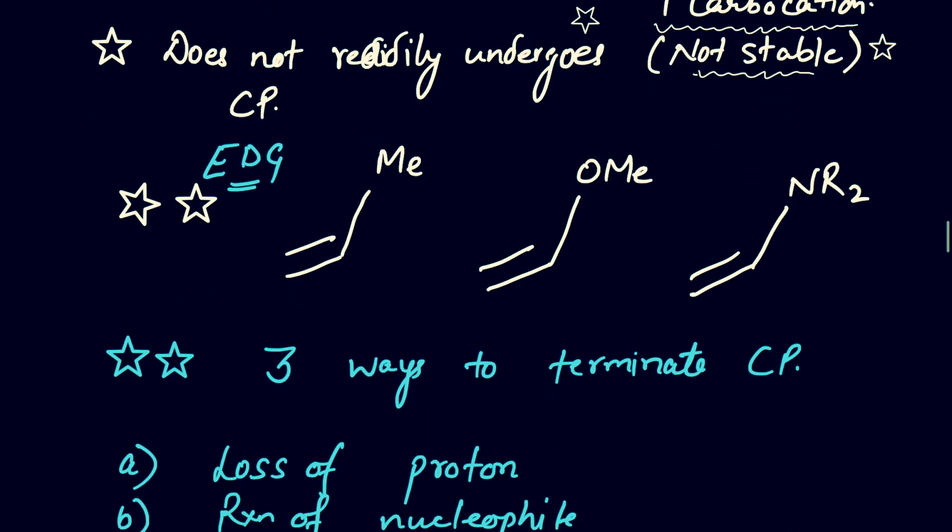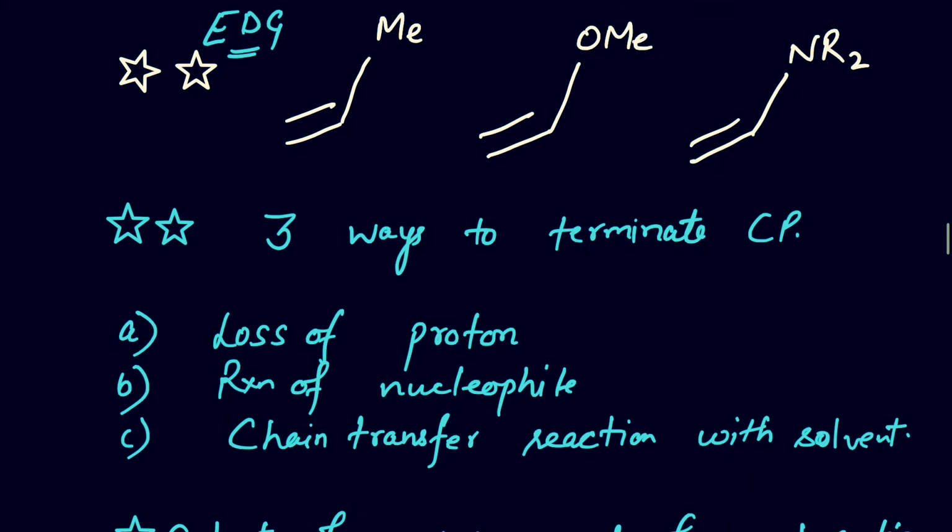As we have discussed, cationic polymerization is favored by electron donating groups attached on the alkene. If we attach a methyl group or oxymethyl group or an amine group, it facilitates the cationic polymerization.